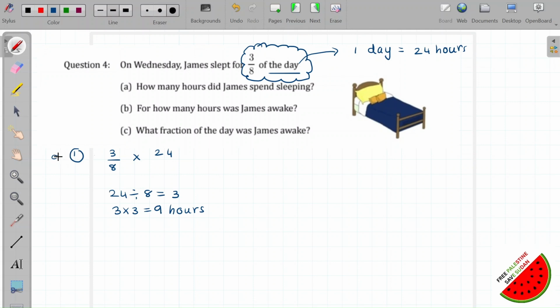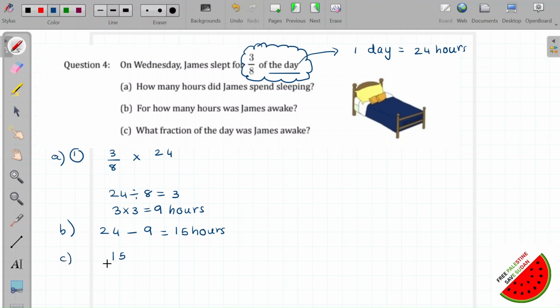Part B. There's 24 hours in a day, so 24 take away 9 because he's sleeping for 9, which will be 15. So he was awake for 15 hours. What fraction of the day was he awake?